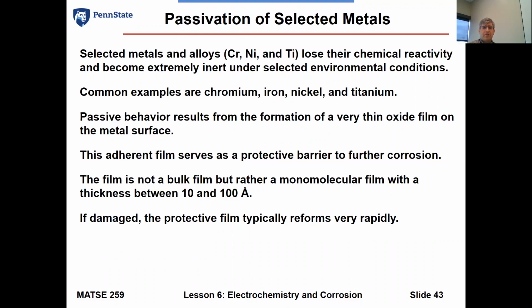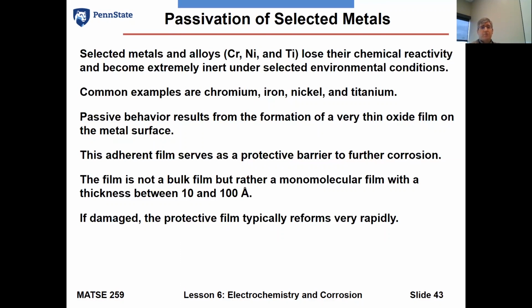And certain materials form this passive film that we talked about. It's a very thin oxide film, and when we talk about thin, we're talking between 10 and 100 angstroms. It's sometimes what we call a monomolecular film. Now, bulk films are something different. We can grow those through some different processes. One type of bulk film you can even think of as paint. Those are more corrosion mitigation things that you would do to try to suppress corrosion.